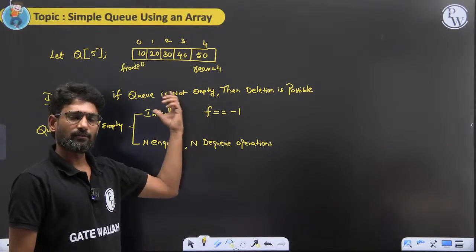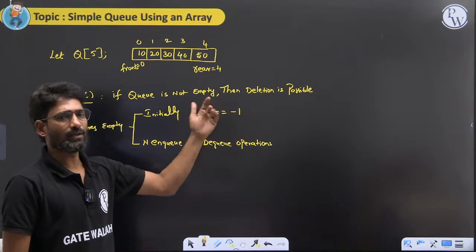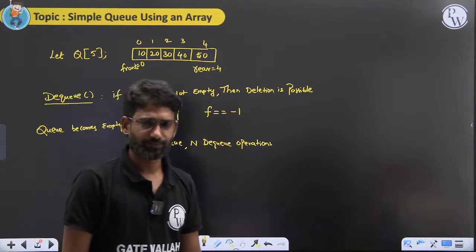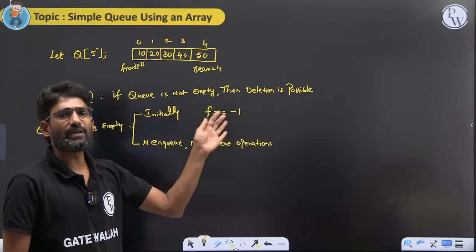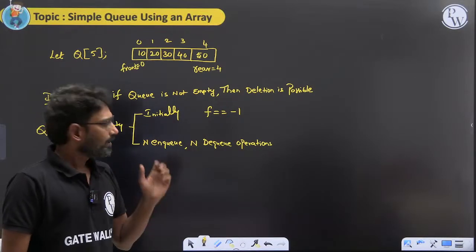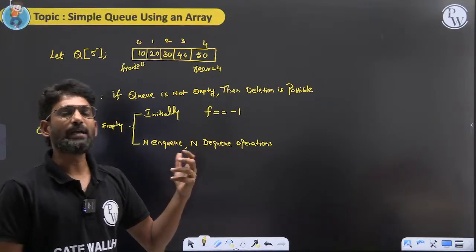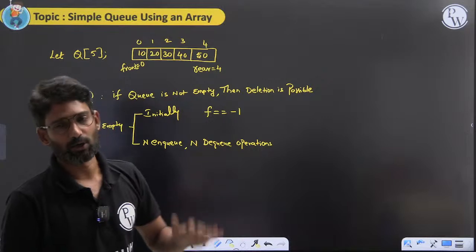When front is equal to -1, we can say the queue is empty. Later I am doing enqueue, dequeue operations. Then let's see how we detect whether it is empty or not.